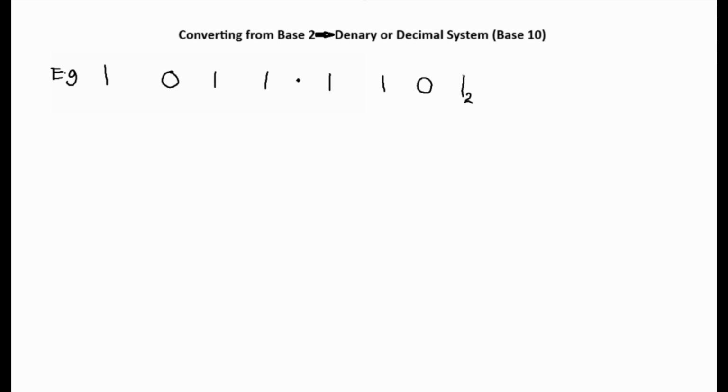In order to convert the above binary number into base 10 or denary system, the above number has a base of 2 to the power of their respective place values. That is to say, if we read from the center to the left hand side, we have 2 to the power of 0, 2 to the power of 1, 2 to the power of 2, and 2 to the power of 3.